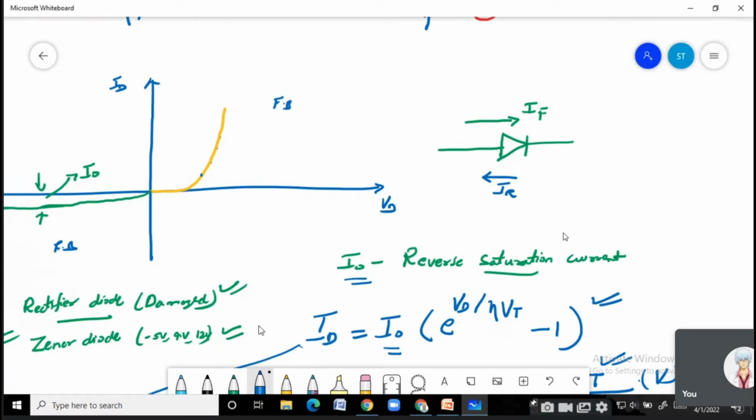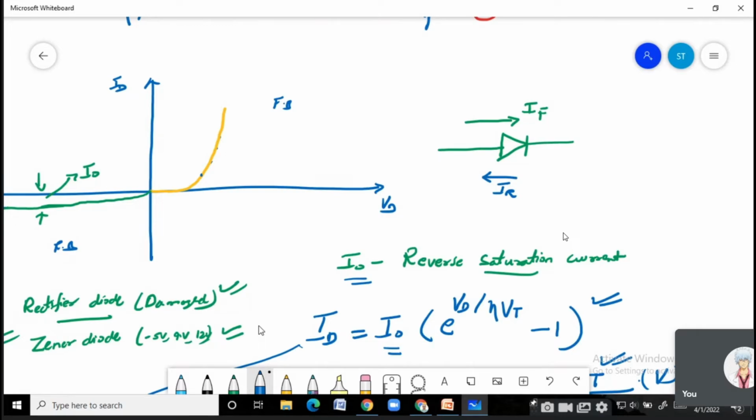For various values of VD, you will get various values of ID. You plot all this, and when you connect these points, you get this exponential characteristic. So this is called the accurate characteristic of a diode.